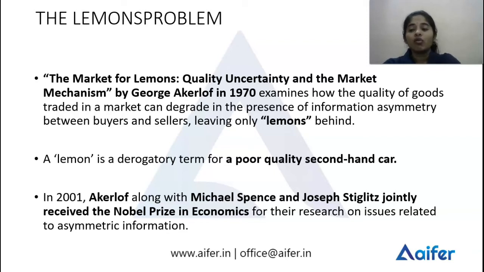In his paper, George Akerlof examined how the quality of goods traded in a particular market, for example the used car or second-hand car market, can degrade in the presence of information asymmetry between buyers and sellers, leaving only lemons, only the poor quality products, behind in the market.